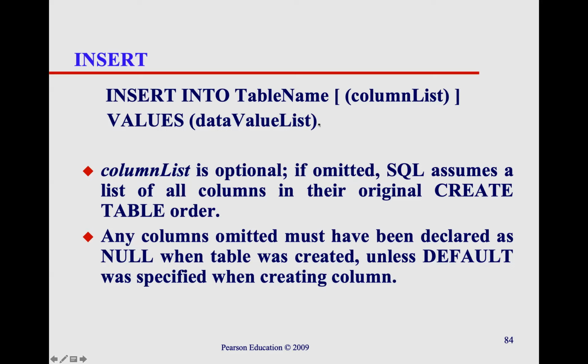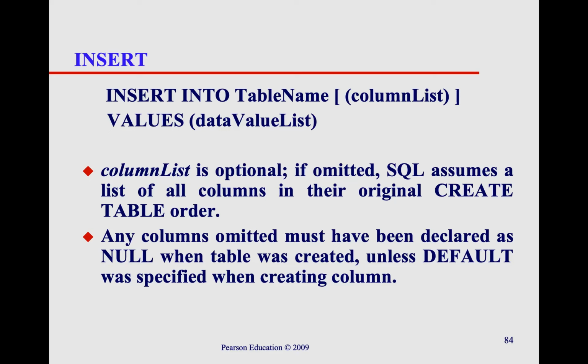And you don't have to provide the column list, it's optional, hence the brackets around it. If you don't provide the column list, then the values you provide have to match the order of the attributes in which they were declared in your create table command. And you need to have one entry per column.